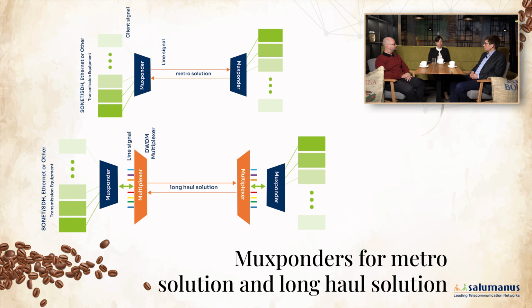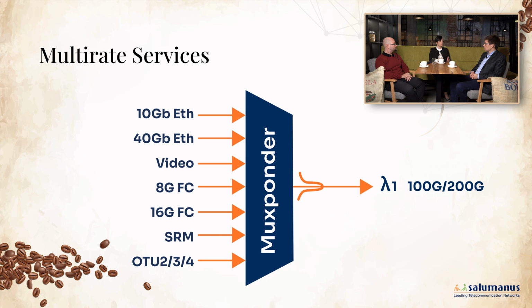The idea is to take multiple lower rate services, ranging from 10G Ethernet or even lower rate Ethernet services, together with Fiber Channel or STM services and video protocols, aggregate them into one or two higher capacity line ports or line signals, and then transmit. So what this allows is really a maximum use of either a leased line or a leased dark fiber pair for the end customer.